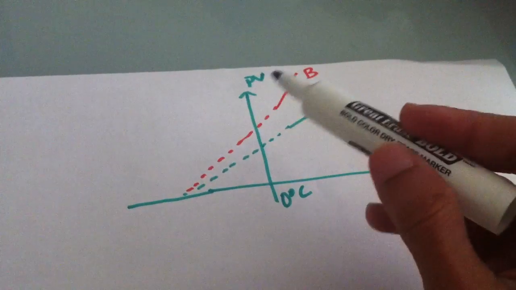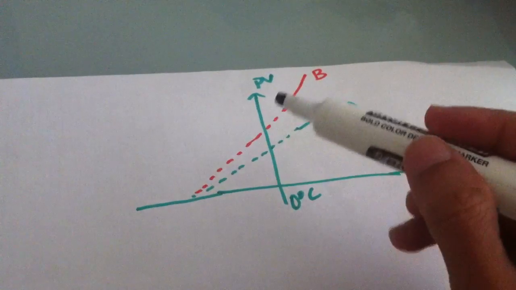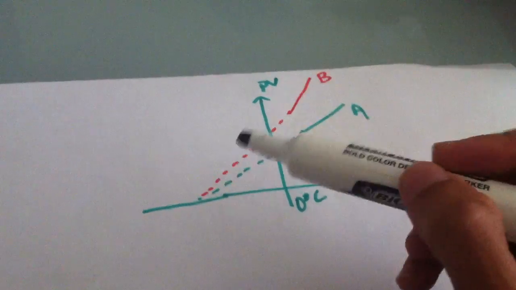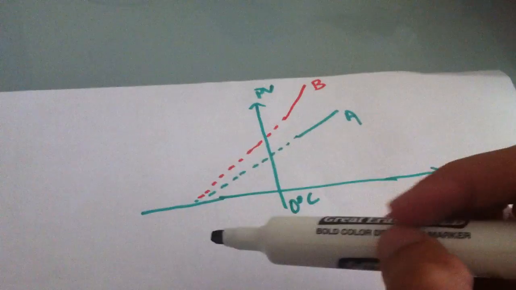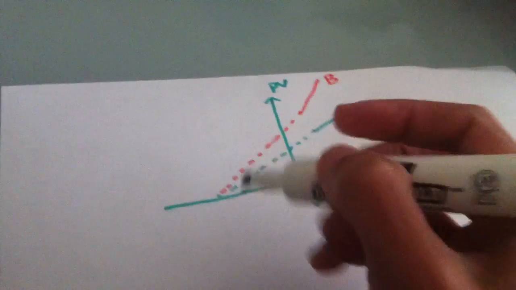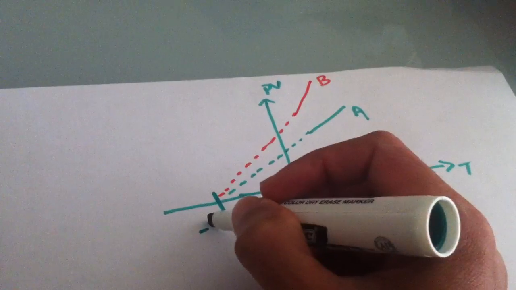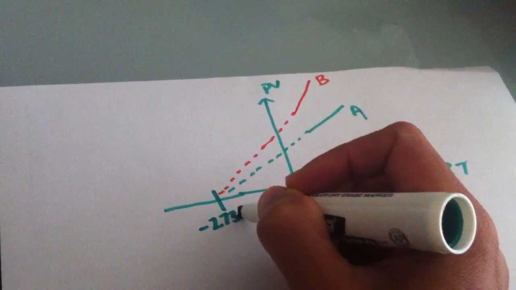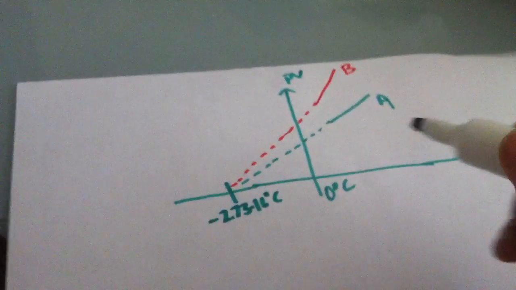You could repeat it with any other gas you like, any quantity, and you would end up with the same result: you would get a straight line and the point of intersection with the x-axis would be the same. So it was found that this point of intersection corresponded to a temperature of minus 273.16 degrees centigrade.